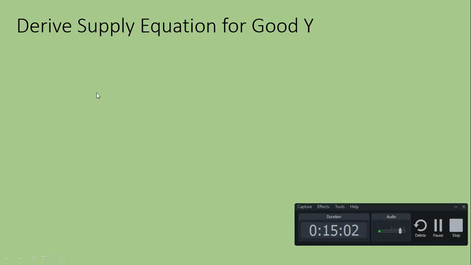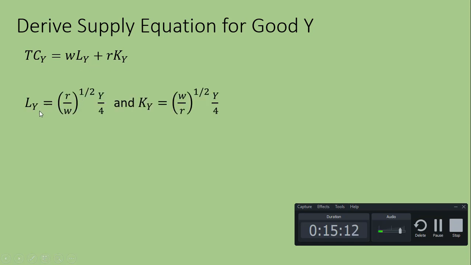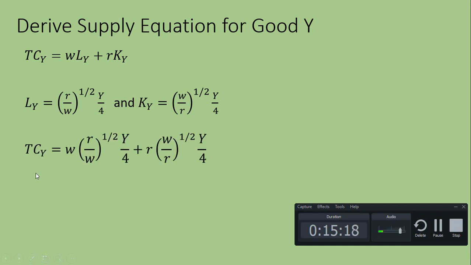All right, we're going to do the same thing, but this time for good Y. We're going to derive the supply equation for good Y. Total cost of producing good Y is given like this. As before, we're going to take our input demands for good Y for labor and capital and plug it into the total cost equation, giving us this result.